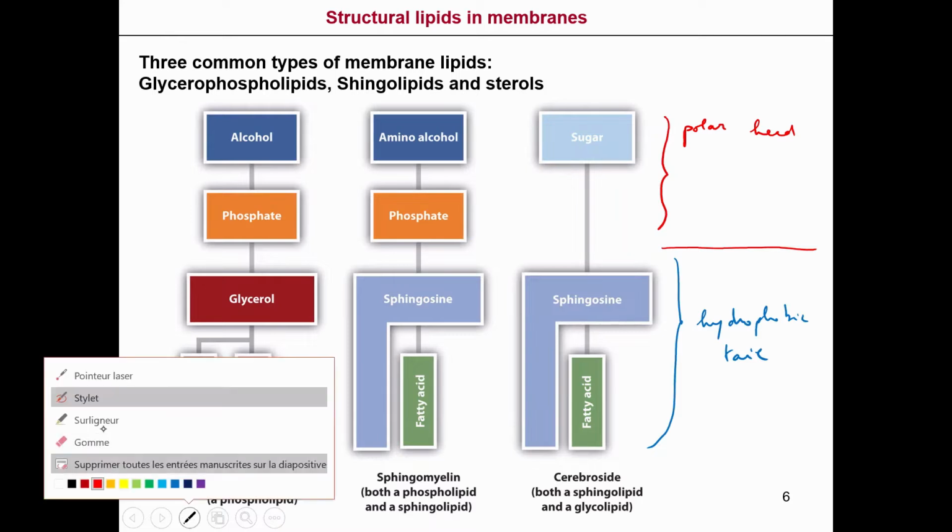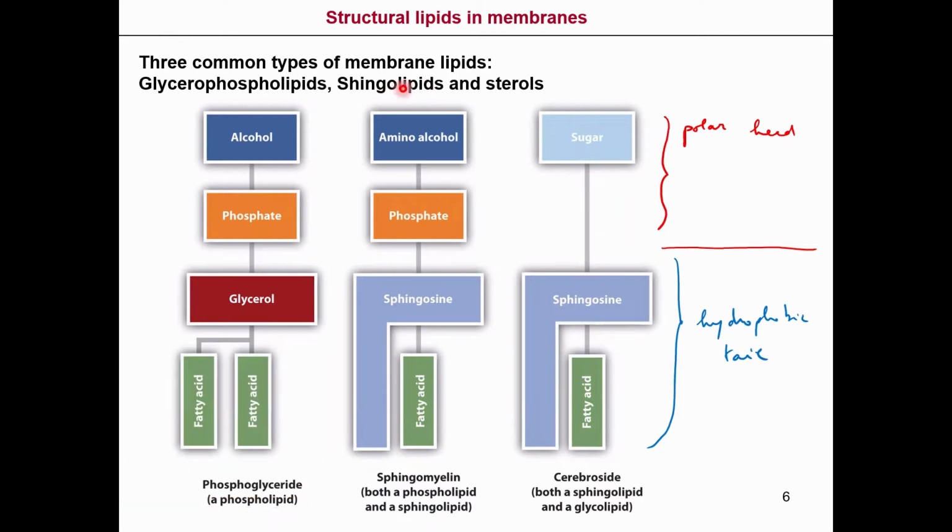Okay, the second type of molecule in the membrane is the sphingolipids. You have a sphingosine, which is a molecule with a polar head and a hydrophobic tail here. It's also linked to a fatty acid and a phosphate group.